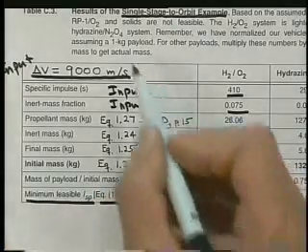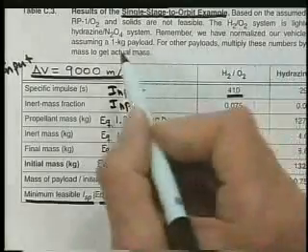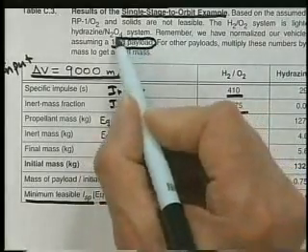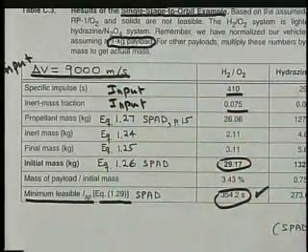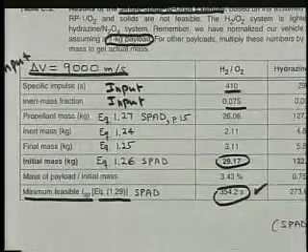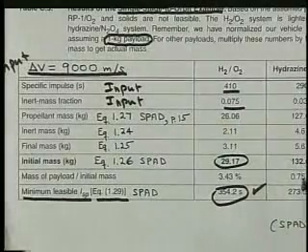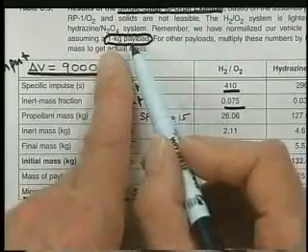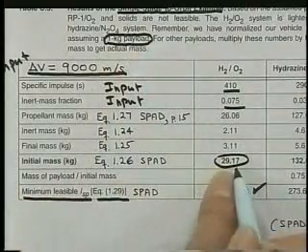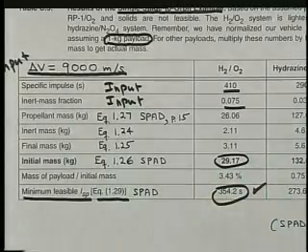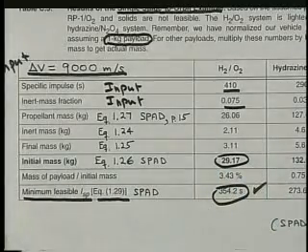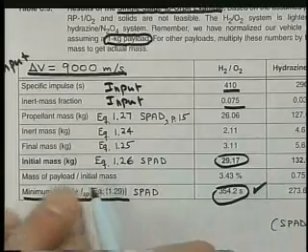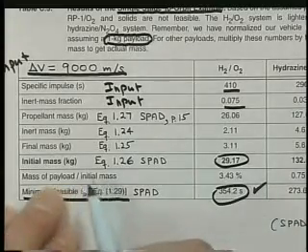By the way, remember that in the SPAD book, they're using 1 kilogram as the payload, and that just makes their numbers easy. I like to multiply by 1,000 to give a more practical value. So if you had 1,000 kilograms, then the initial mass would be 29,000 kilograms here. You just multiply by the mass of the payload, and then you can look at the mass of the payload to the initial mass.